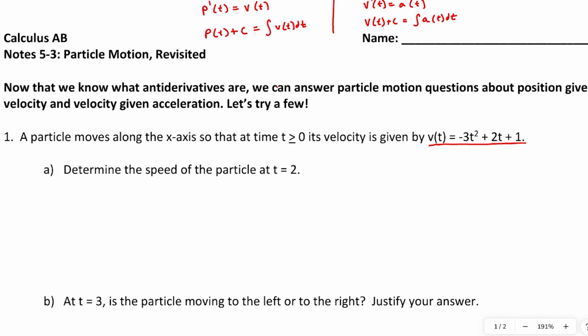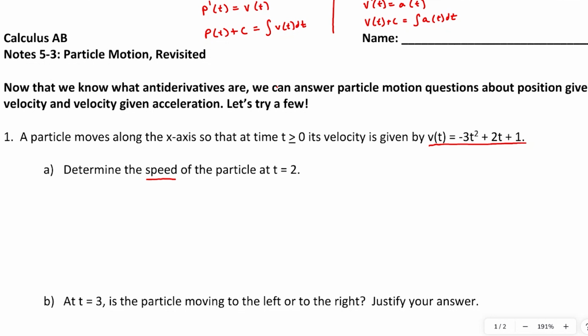The first part, A, is asking for the speed of the particle at time equals 2. Now, does anyone remember what the relationship between speed and velocity is? The derivative of position is velocity. Speed is very closely related to velocity. It's also describing how fast you're moving, but velocity has another component which describes in which direction you're moving.